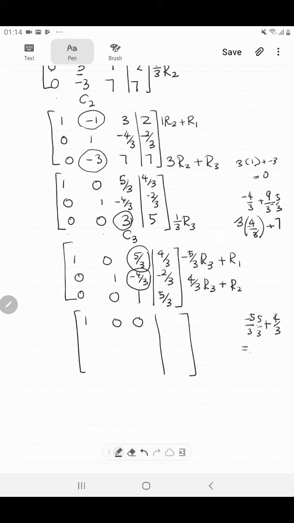So that makes it 9, negative 25 plus, make it into a 9 denominator as well, and you would have 12. So negative 13 over 9. So that will be the answer.